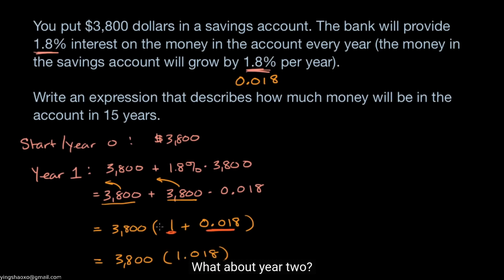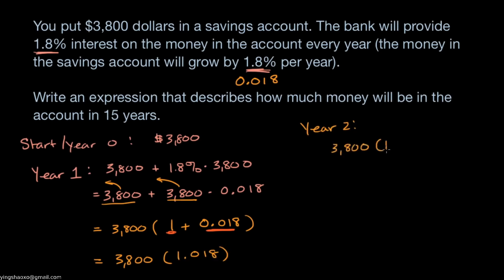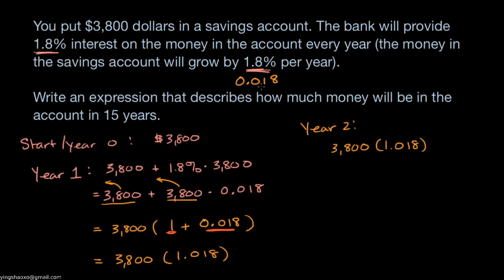What about year 2? Well, we know what we're going to start with in year 2. We're going to start with whatever we finished year 1 with. So we're going to start with 3,800 times 1.018. But then it's going to grow by 1.8%, or grow by 0.018.